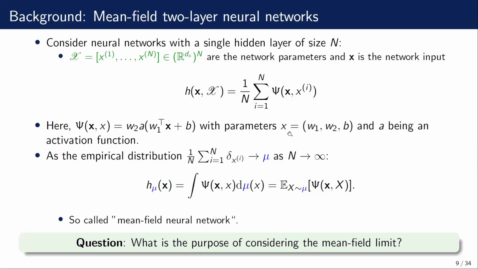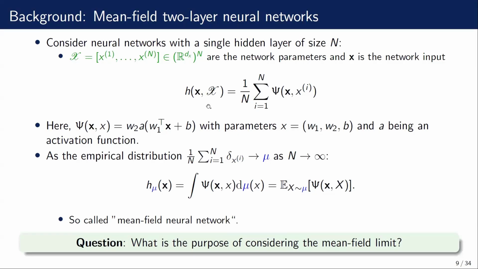And here the parameters x are W1, W2, B. W1 is your first layer weight, W2 is the second layer weight, and B is the bias in your first layer. And A is your activation function. Is that clear? The neural network. Okay. Sure. I will talk about it later.